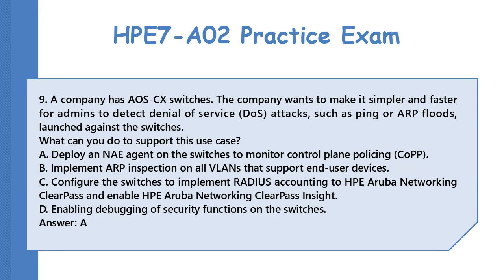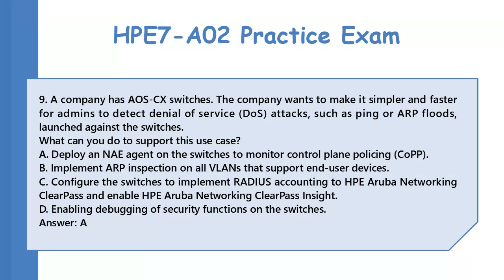9. A company has AOS-CX switches. The company wants to make it simpler and faster for admins to detect denial of service (DoS) attacks, such as ping or ARP floods, launched against the switches. What can you do to support this use case? A. Deploy an NAE agent on the switches to monitor control plane policing, CoPP.